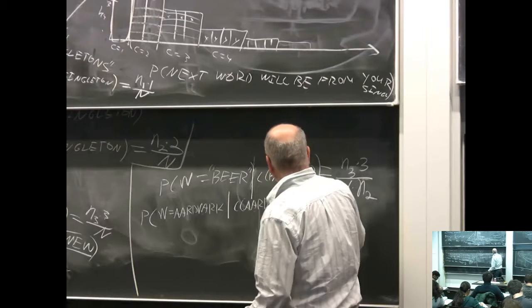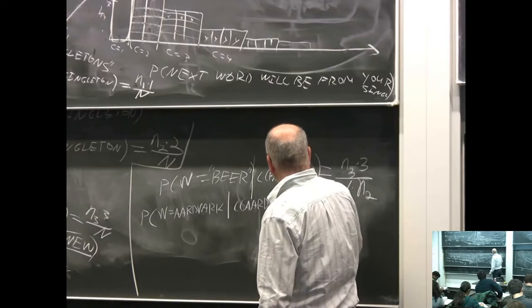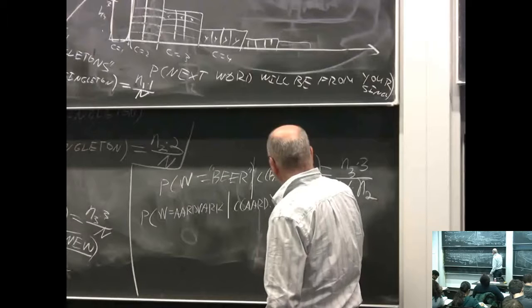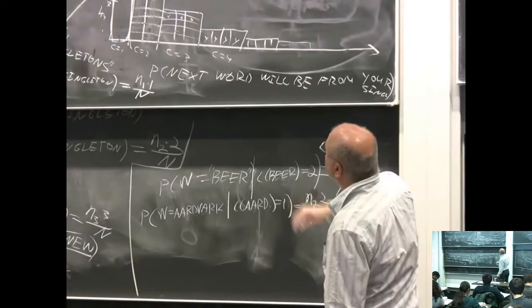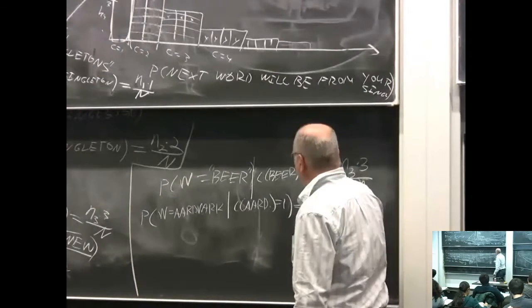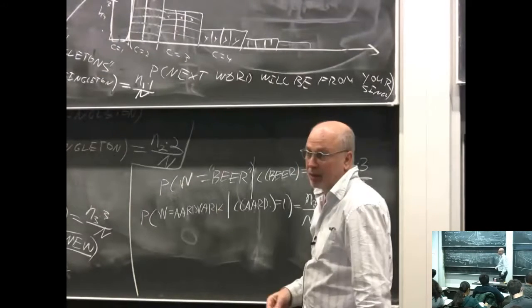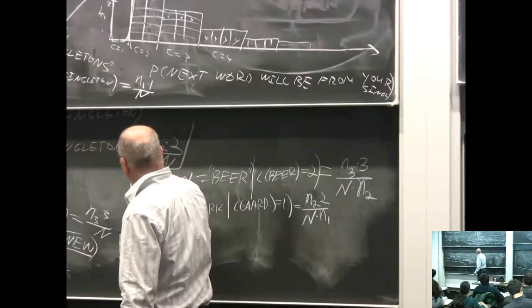So we first use the Good-Turing formula to say that it's n choose 2, n sub 2 times 2 divided by n. And then we have to divide by the number of words that occurred once, which is n sub 1, to get the probability of that particular word. So that I would call the Good-Turing estimate, GT.